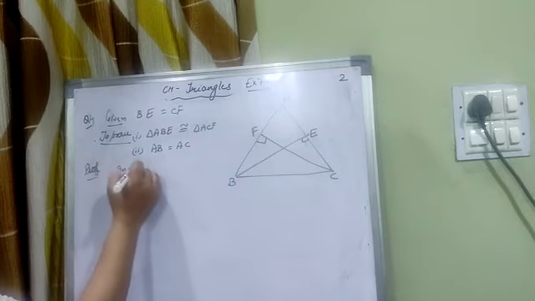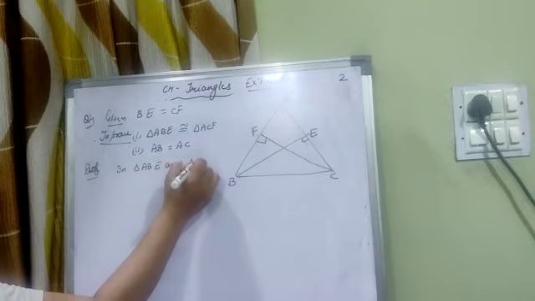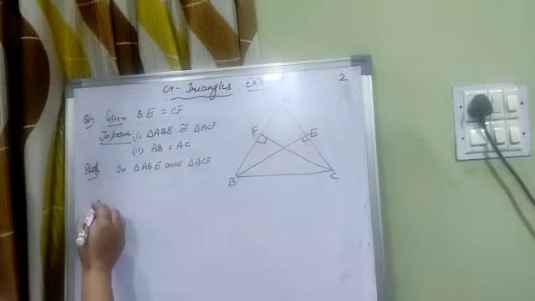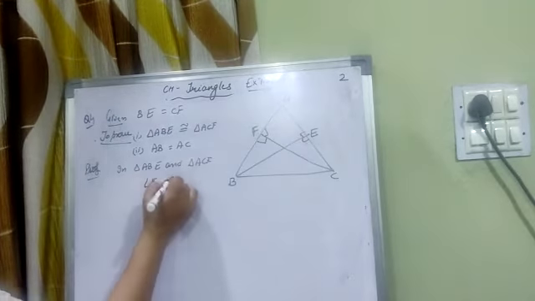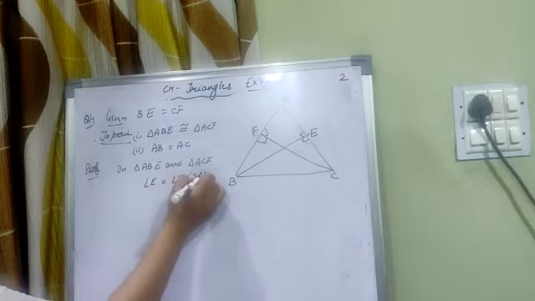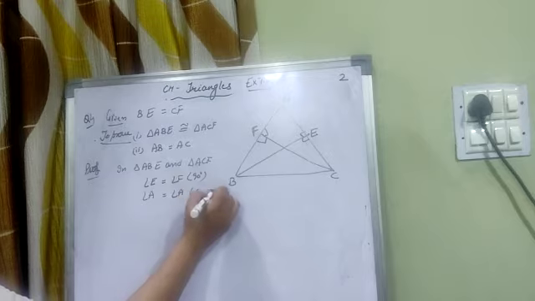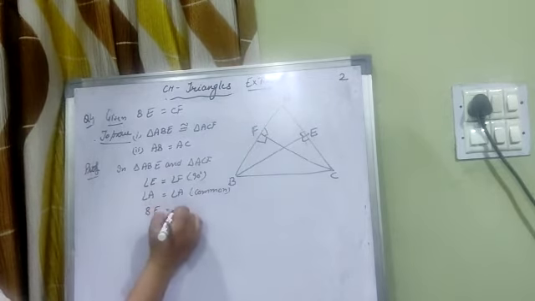First, in triangle ABE and triangle ACF. Clear? In these triangles, first condition is angle E is equal to angle F, each 90 degrees. Second condition, angle A is common in both the triangles. And the third condition is these altitudes are equal, given.